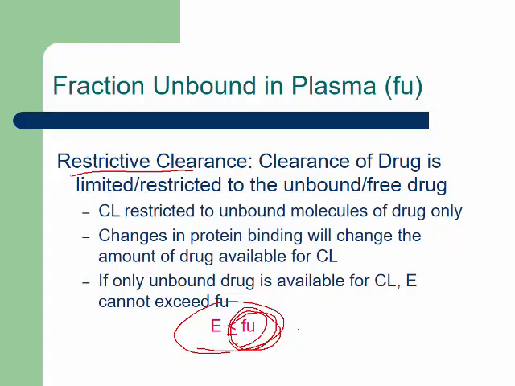If our E is greater than our fraction unbound, that means it's extracting more than is free, and that is then no longer restrictive clearance. So this relationship tells you that it's restrictively cleared.